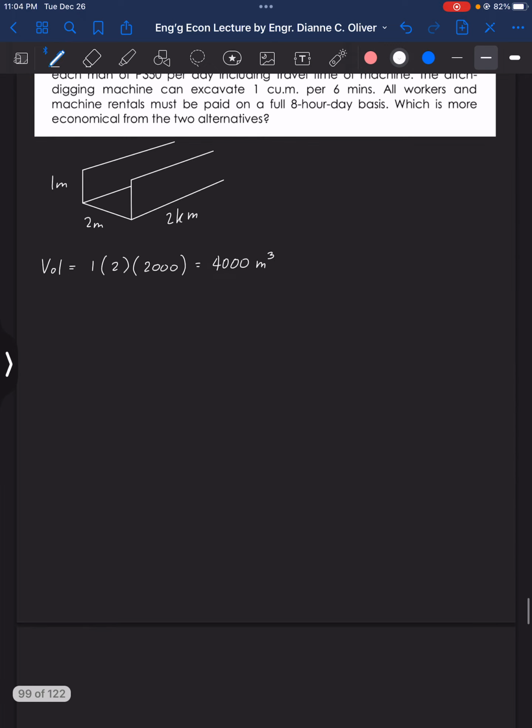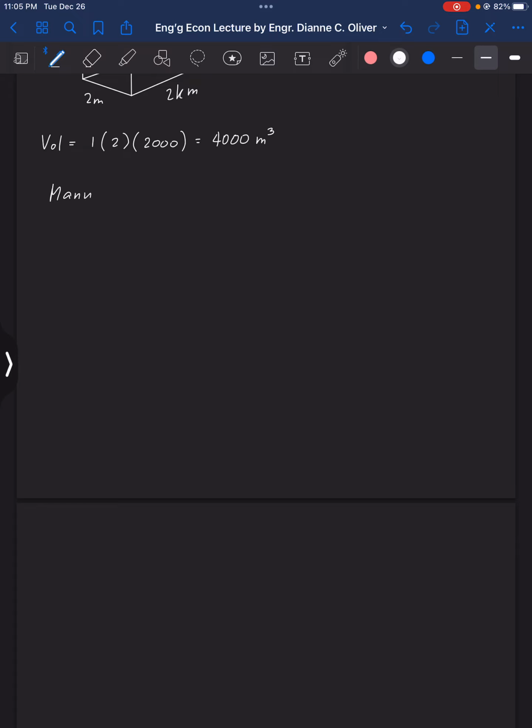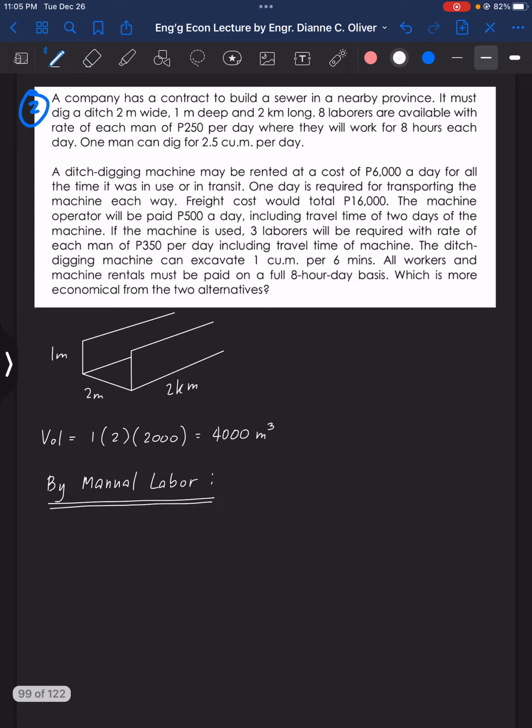So for the manual labor, for the first alternative, that is by manual labor, so for the rate, it says here the 8 laborers will be paid 250 pesos per day, where they will work 8 hours each day.